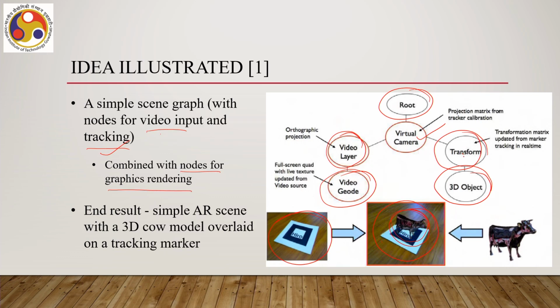So, various nodes like transformation, 3D object representation, orthographic projection, these are related to graphics rendering. So, when we combine these, the end result is a simple AR scene with a 3D cow model overlaid on a tracking marker. Now, this part, overlaid on a tracking marker, that is 3D registration and tracking, is taken care of by AR toolkit, whereas the other part, AR scene creation with a 3D cow, that is taken care of by the OSG, that open scene graph.